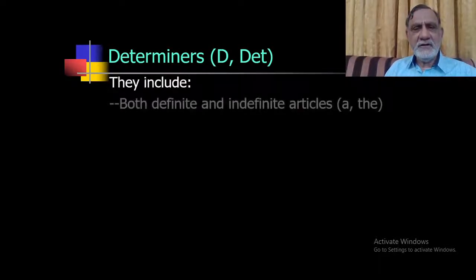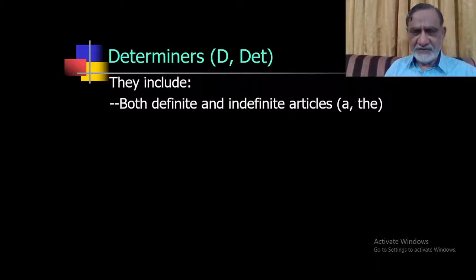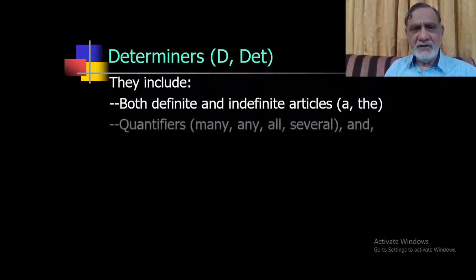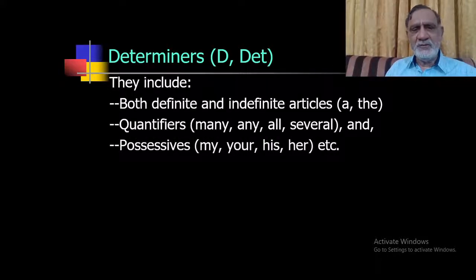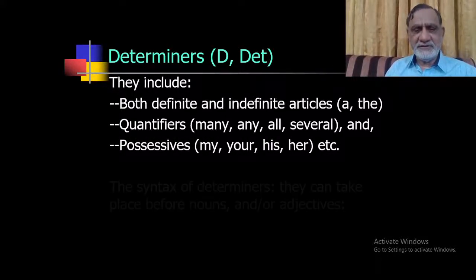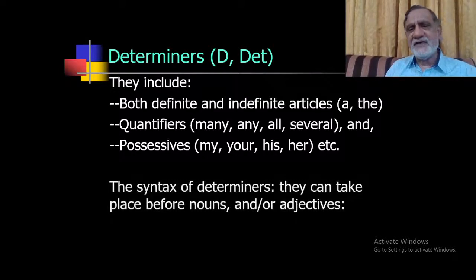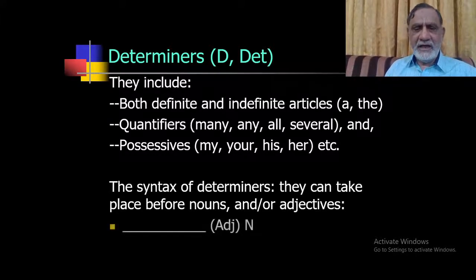Determiners include both definite and indefinite articles, that is a and the. Quantifiers, that is many, any, all, several, and possessives like my, your, his, her. These are determiners, and the syntax of determiners is that they can take place before nouns and adjectives, like this, the new house.